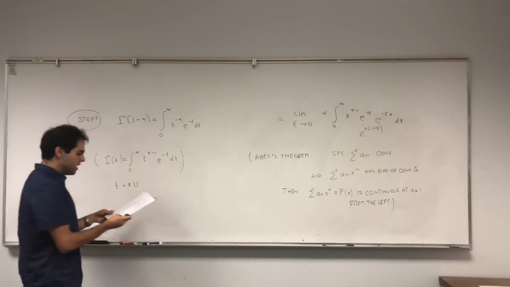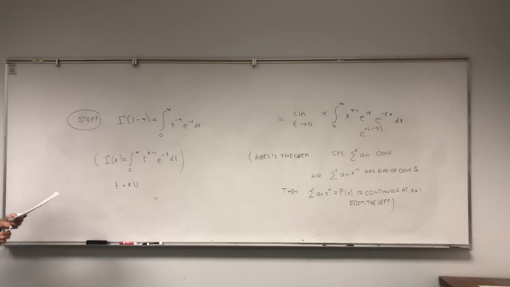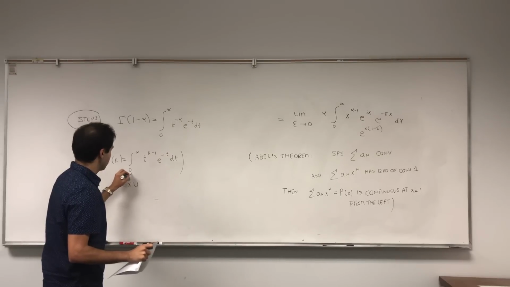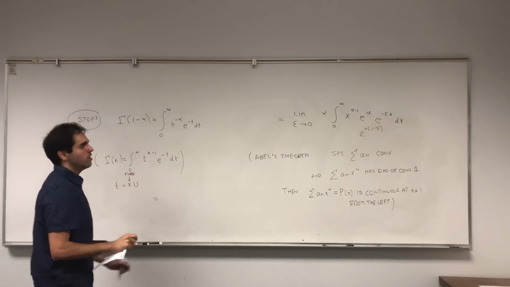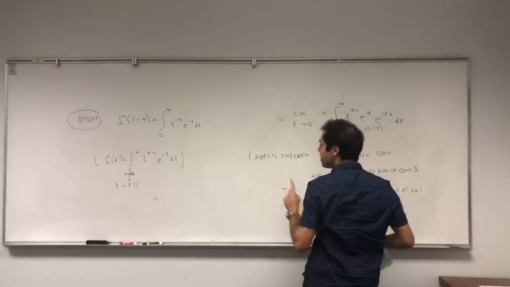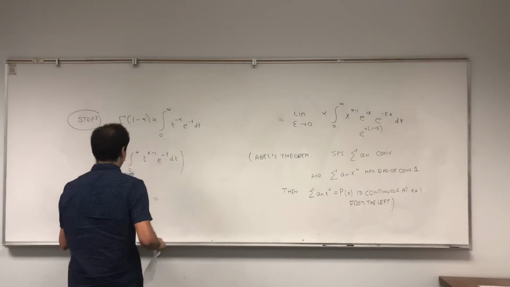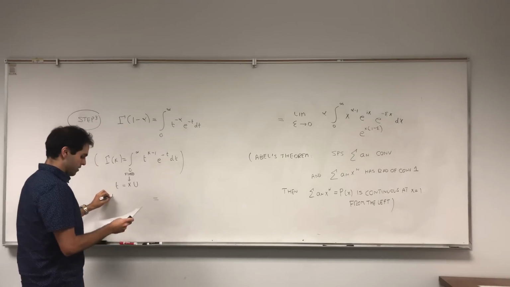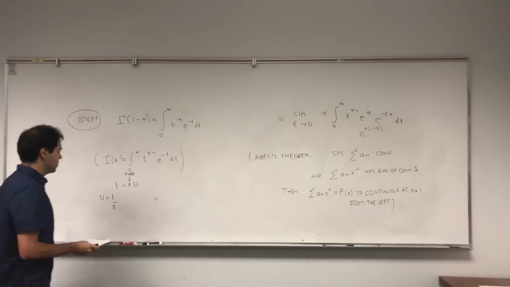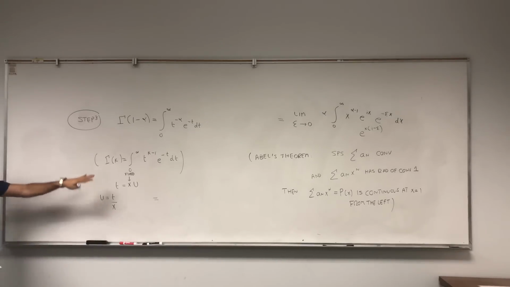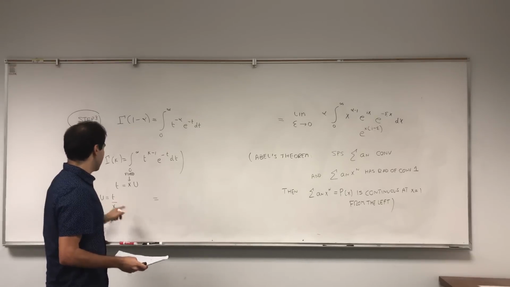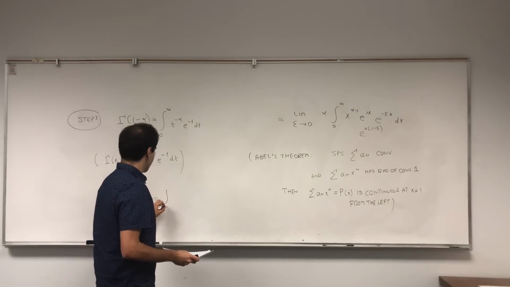So t equals xu, and here u is the variable, so x is some fixed constant, because basically here we're integrating with respect to x. And so we want to define u to be t over x. With this u sub, let's see what we get. If t is 0, u is 0.